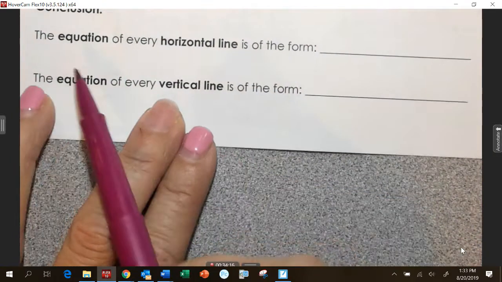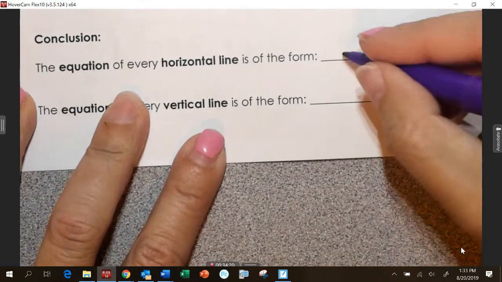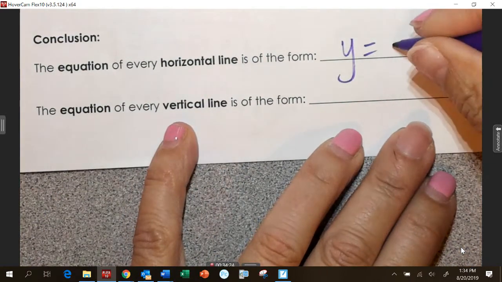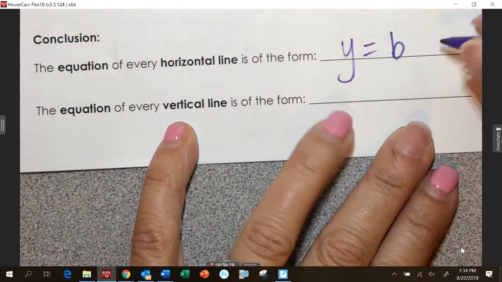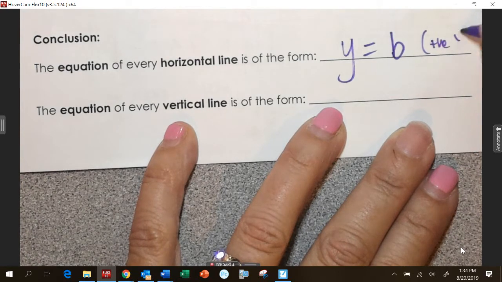So then we look at the very bottom, and it says the equation of every horizontal line is in the form of y equals a number. I'm going to put b, actually, or I'll put in parentheses, the y-intercept.